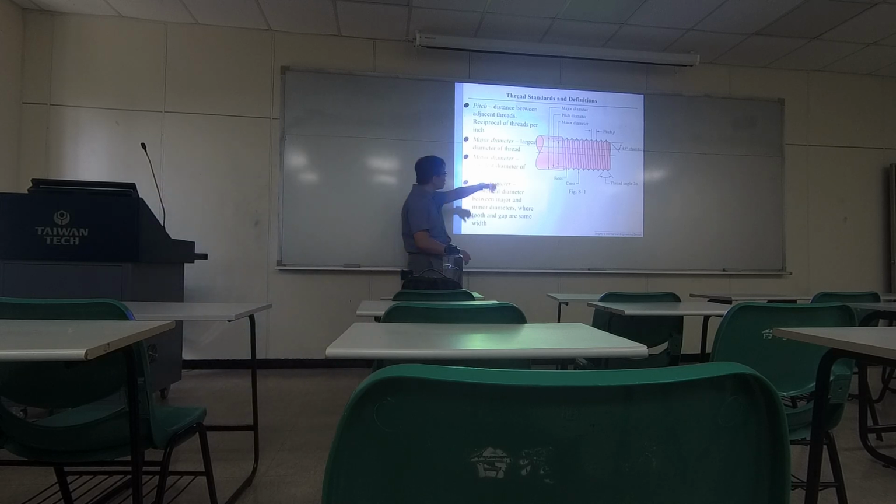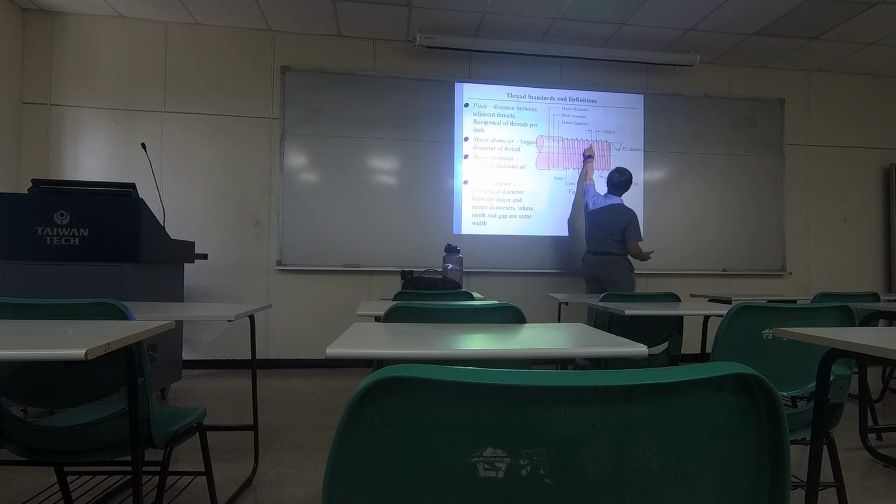So there's a helical geometry, called the thread. And it's a periodic geometry following this helical curve. Since it's made in a periodic geometry, you will see the same shape of the thread next to each other.